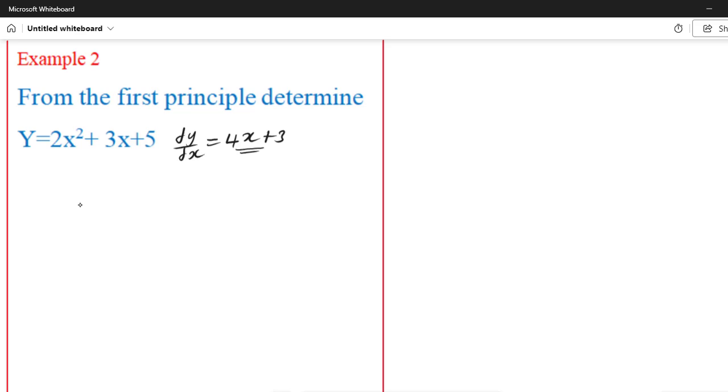So the formula for the first principle: f prime of x equals the limit as h approaches 0 of f of x plus h minus f of x, everything divided by h. So in our equation, 2 is f, and then 3 also is our f.